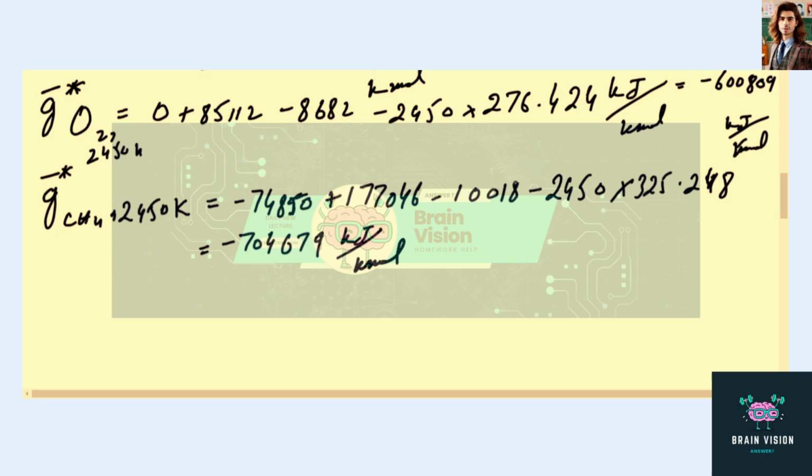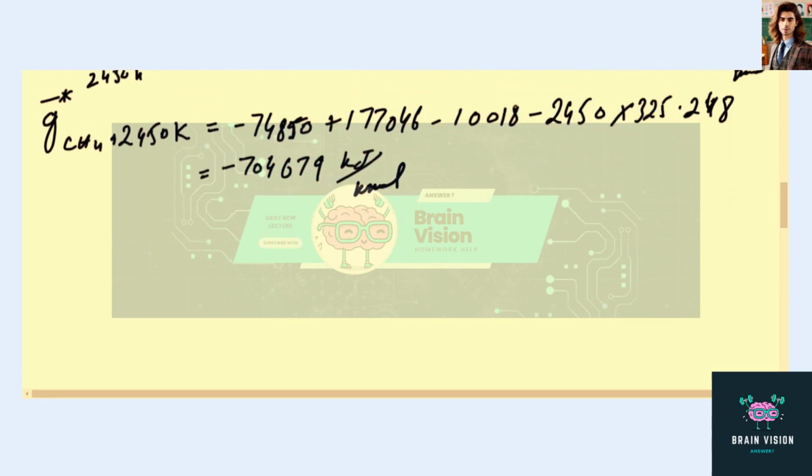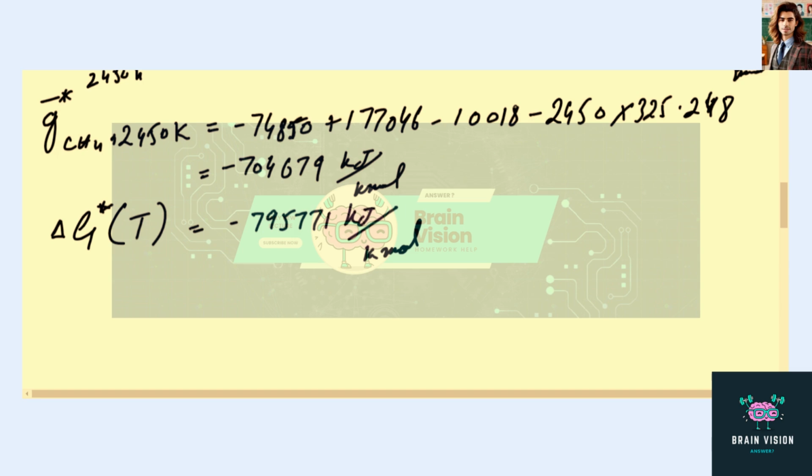So by substituting the values above, we get delta G asterisk of T is equal to minus 795,771 kilojoules per kilomole.